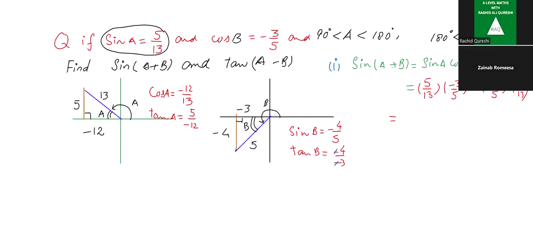So what's the answer over here when you use your calculator? You have to multiply. When you use your calculator, it becomes minus 15 by 165.